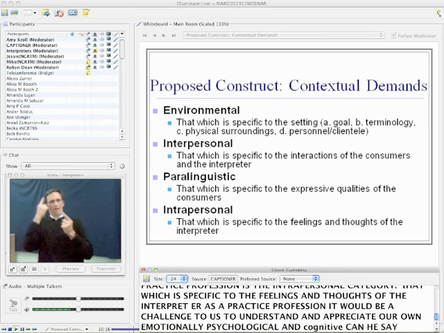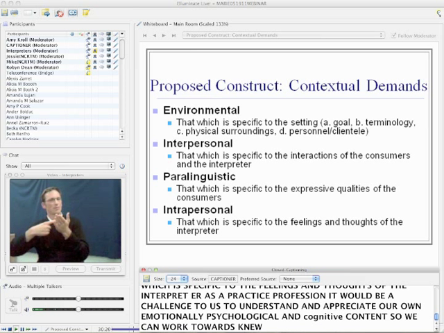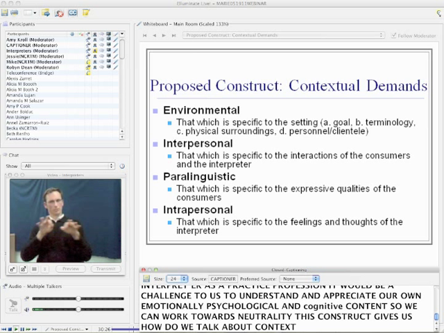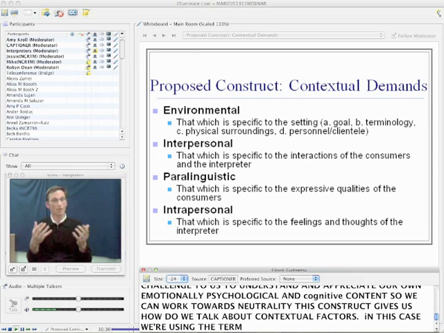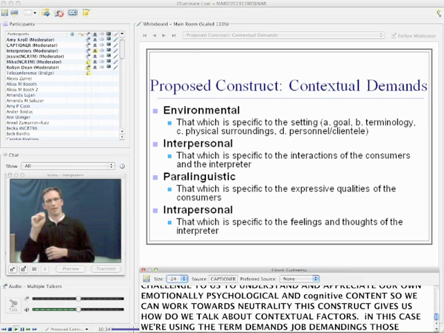We'll spend significant time on this construct because this construct gives us a way to talk about contextual factors. In this case, we're using the term demands, job demands, those things that impact your work as interpreters.